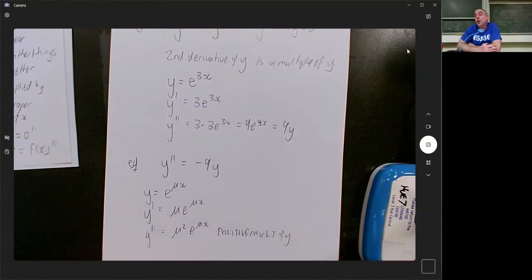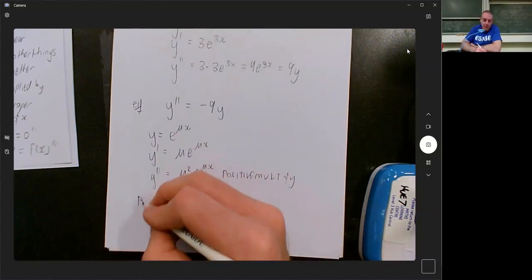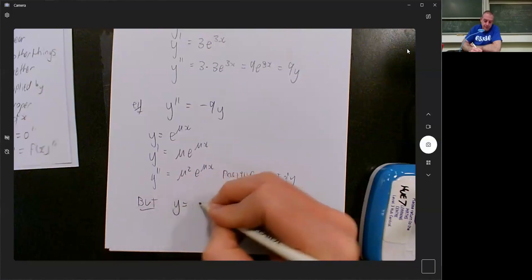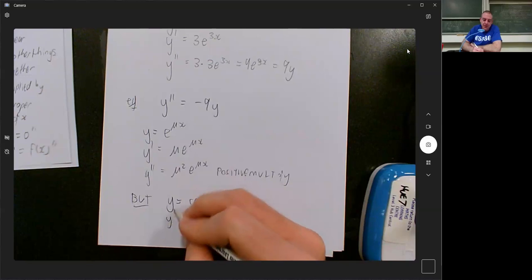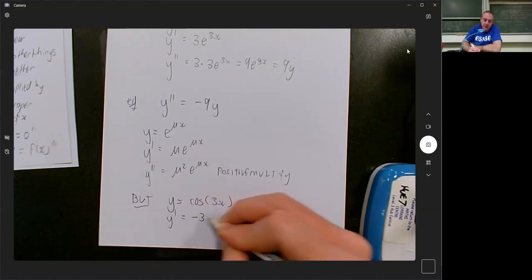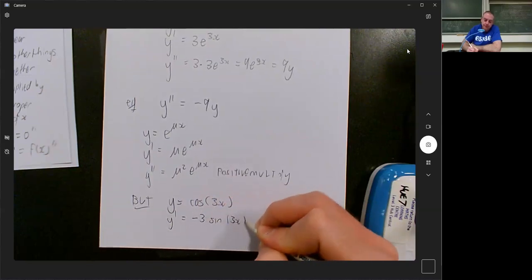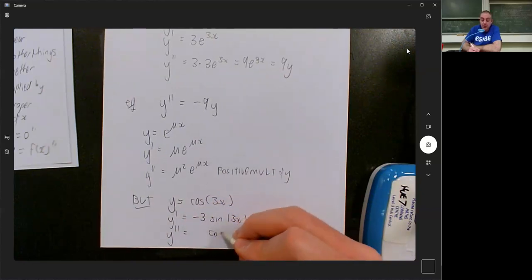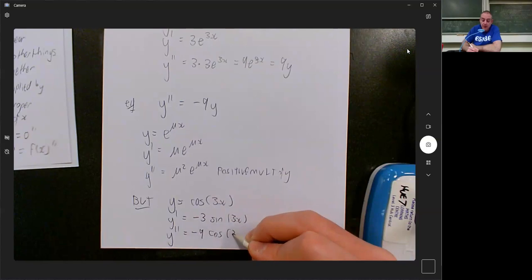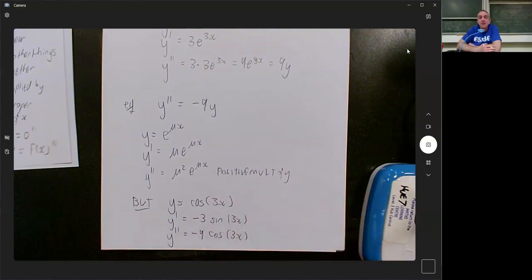But you do know functions whose second derivative is negative of the original function. Cos and sine do that. When I differentiate that, I get minus 3 times sine of 3x. And then y double dash, the minus will still be there because sine becomes cos, and I'll get this, which is minus 9 of the original function.